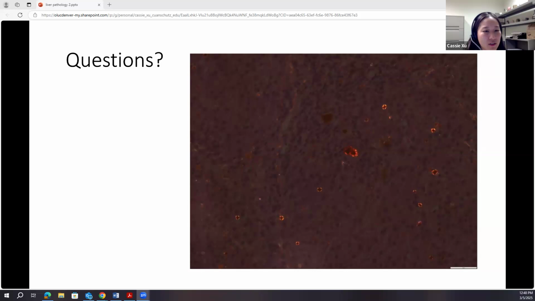I'll just say the histologic score would be a 1. So 1 is it could be autoimmune hepatitis, 2 would be I think it really looks like autoimmune hepatitis, and 0 is it's not autoimmune hepatitis. So sometimes autoimmune hepatitis can present in a non-specific pattern.